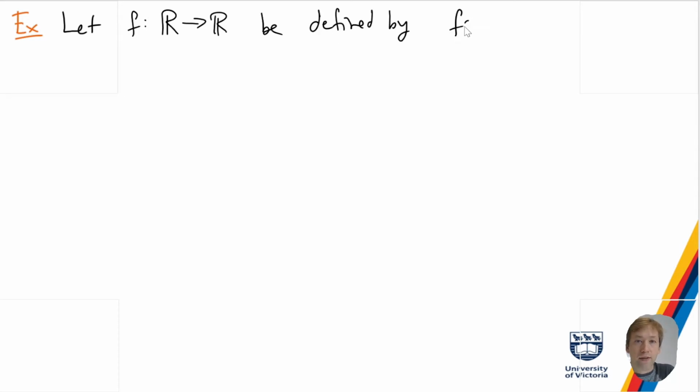Okay, let's look at an example of a non-injective function. Let f be the function, again from the reals to the reals, defined by f of x equals (x plus 4) squared.